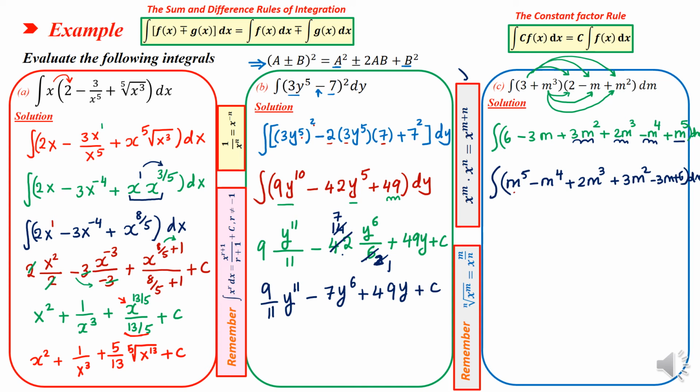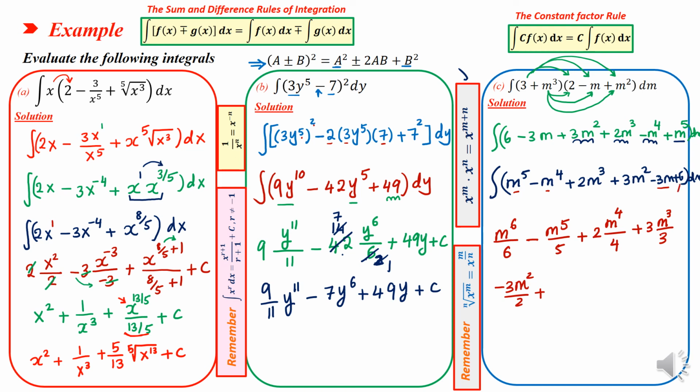So the first one, the integration is m to the 6th power divided by 6, then minus the second one is m to the 5th power divided by 5, then we have plus 2 multiplied by m to the 4th power divided by 4, then 3m cubed divided by 3, then we have negative 3m, it will be negative 3m squared over 2.